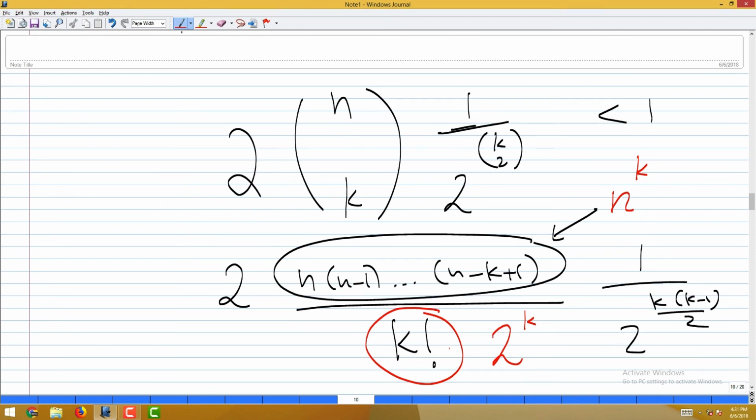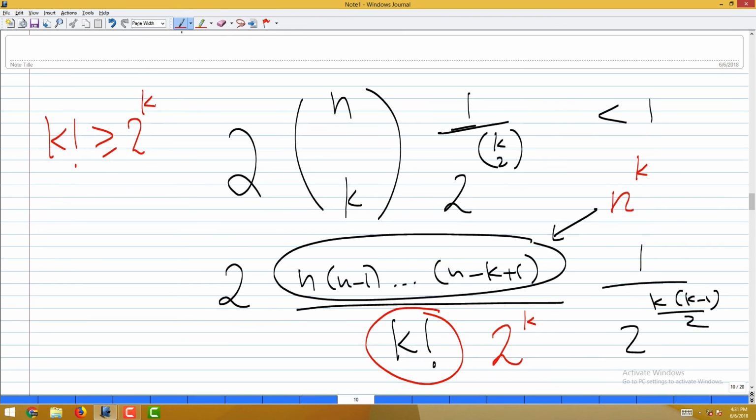Then we can still say that if after the replacement it is still less than 1, this will be less than 1. But is it true that k factorial is always greater than or equal to 2 raised to k? For k equal to 1, it is not true, but we do not care, because we will assume k is a little big. K equal to 2, is it correct? 2 factorial? No, still not correct.